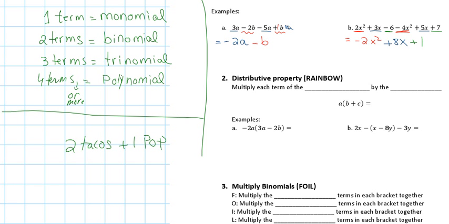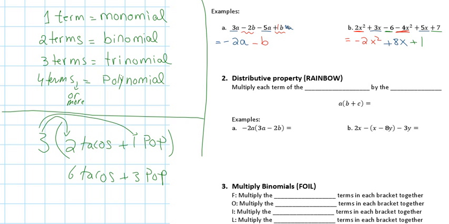How many tacos are you going to get, and how many pops? 6 tacos and 3 pops. Right? So what did we do? We multiplied by 3. I multiplied the 3 by the 2, and I multiplied the 3 by the 1.